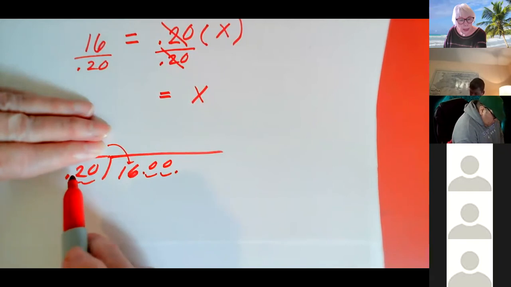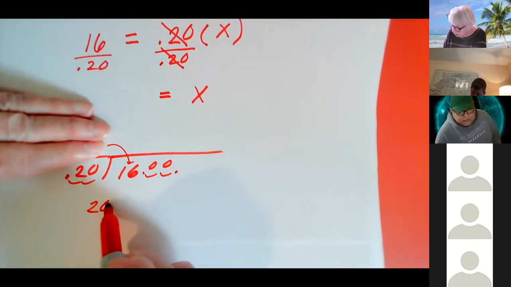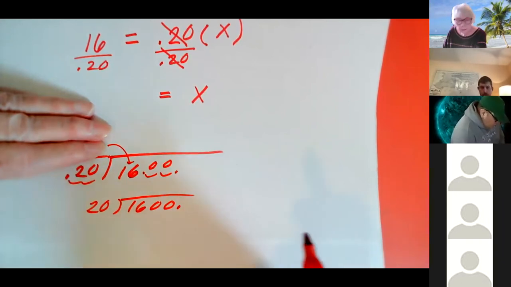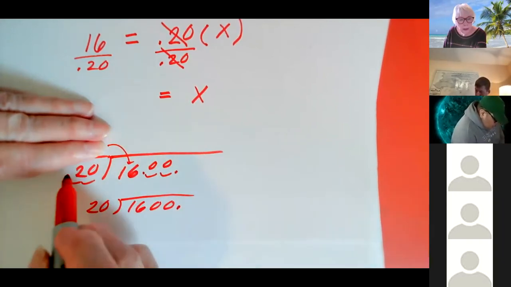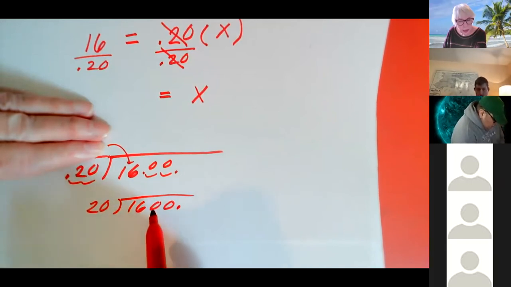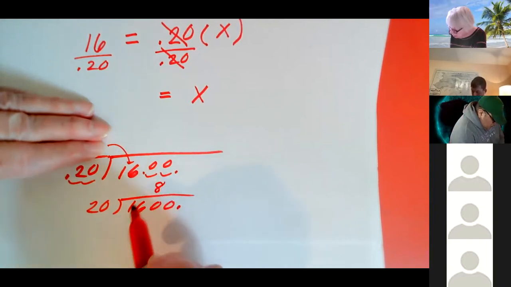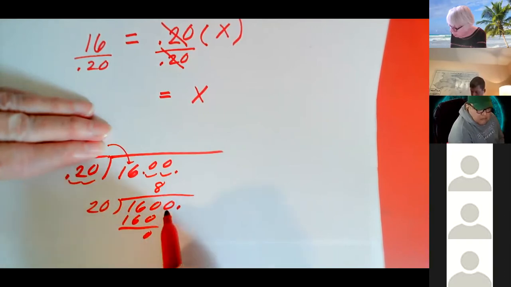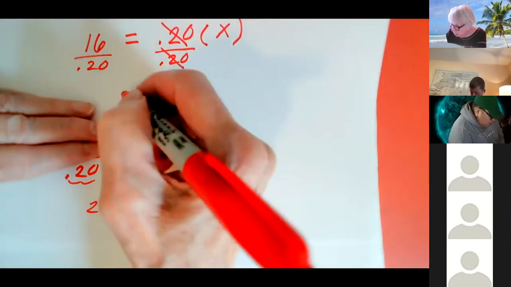So what this problem ends up being is 20 into 1600. So 20 doesn't go into 16, but it will go into 160, which is 8. And then 20 into 0 is 0. So the answer is 80.